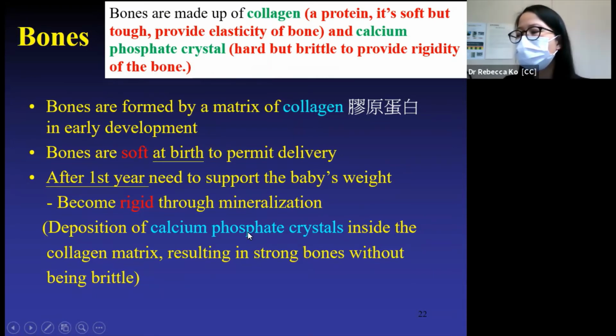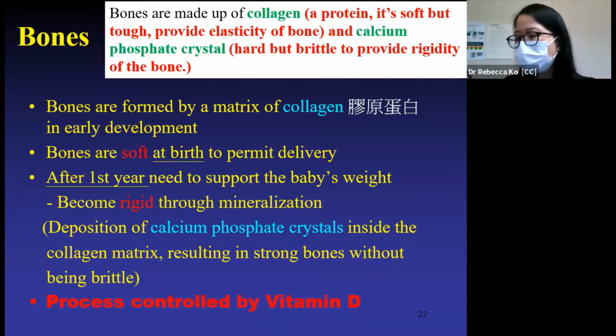More calcium phosphate will make the bones stronger and harder, to support the body weight. And in that process, we need vitamin D to help us. So vitamin D is important in the baby stage.